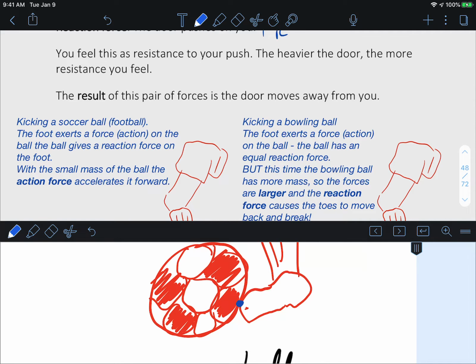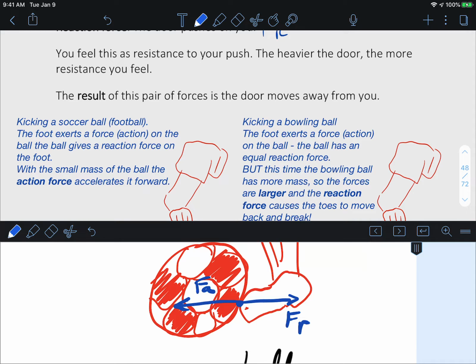Maybe I'm going to go with a smaller force for this one. Okay, so here's the force from my foot, and here's the force the ball exerts on me. This is my action force, because my foot is the one that's moving and initiating that contact, and then the ball gives that reaction force against my foot.